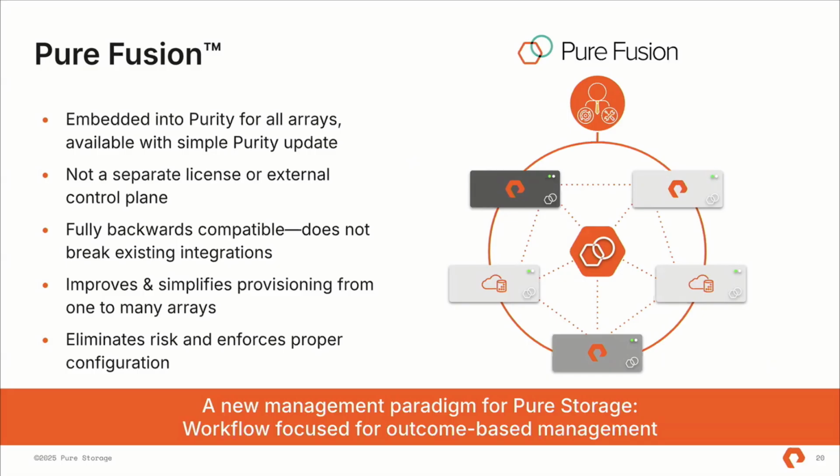So you don't have to deploy a separate virtual machine. It's not on an external control plane somewhere else. You don't have to connect your arrays to the cloud. If you do, you will get an enhancement in the form of a recommendation for where to place your workloads. We use Pure1 for that, but that's just using the phone home connection to make it work.